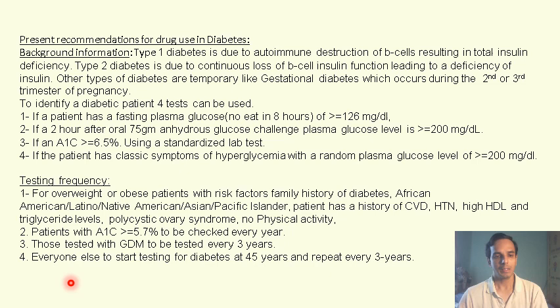Testing frequency. Overweight or obese patients with risk factors of family history of diabetes, African, African American, Latino, Native American, Asian, or Pacific Islander descent, history of CVD, hypertension, high LDL and triglyceride levels, polycystic ovarian syndrome, and no physical activity are at risk for getting diabetes.